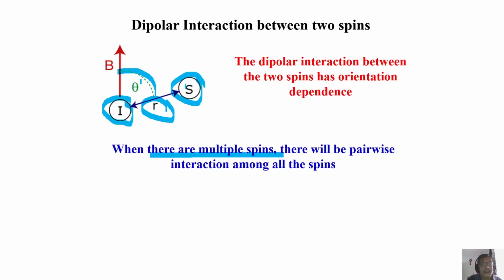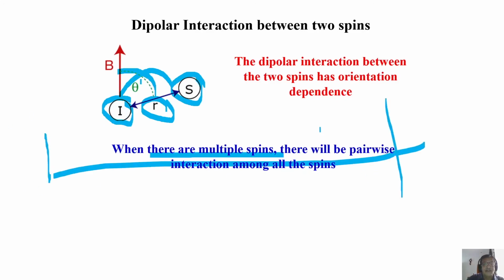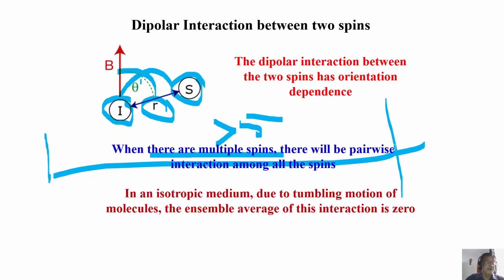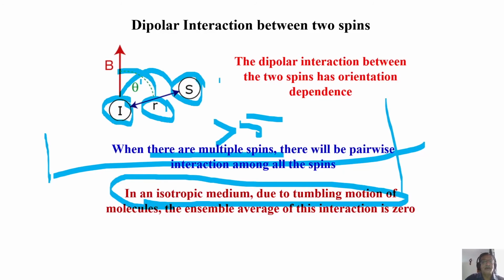It doesn't demand a J coupling, I mean a covalent bond between them. Only spatial proximity is needed. If one proton is here and the other proton is far away like this, more than, let us say, 5 angstrom, say this separation is 10 angstrom, NOE may not be seen. So it depends upon spatial proximity, because it doesn't go through a covalent bond.